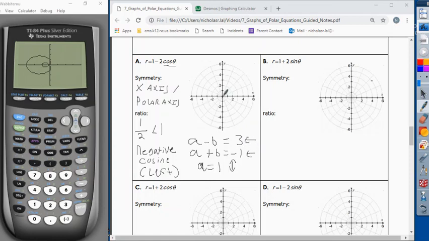You are facing left for a minus b, so you move left 1, 2, 3. You are facing right for a plus b, and then you move backwards 1, so you walk back 1. So you're facing towards that positive 6, and you walk back 1, bringing you to the point 0, negative 1.